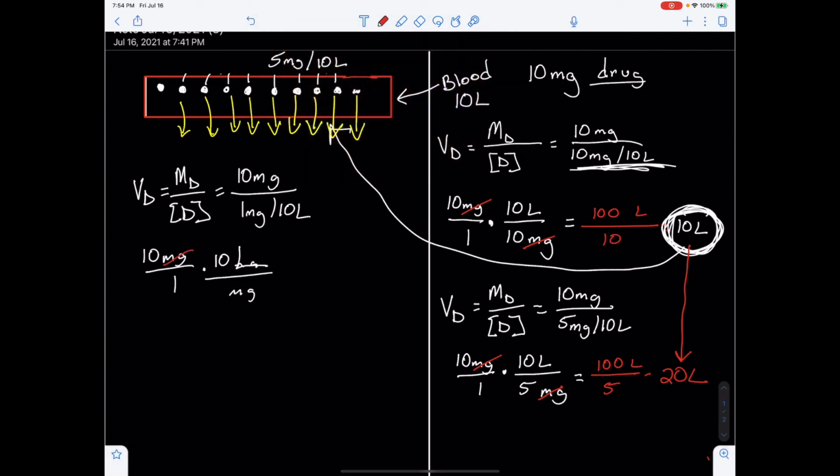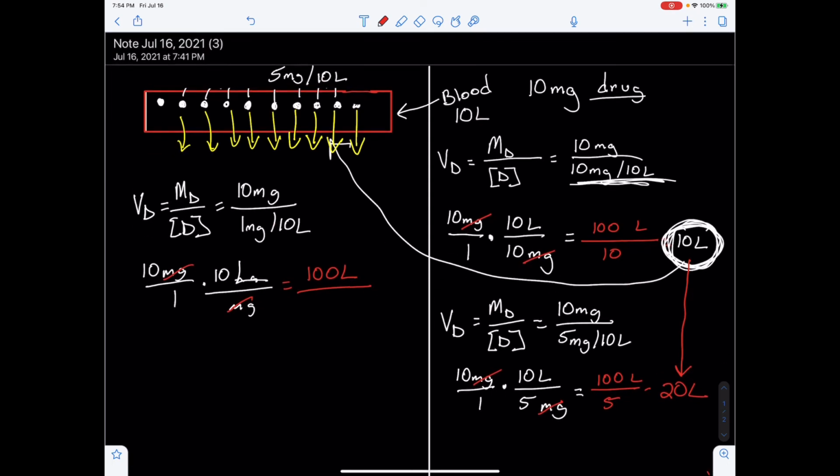Our milligrams cancel. We now have an apparent distribution of 100 liters, right? So what we're seeing is that the more drug that leaves the vascular compartment, the higher the theoretical apparent volume of distribution is.